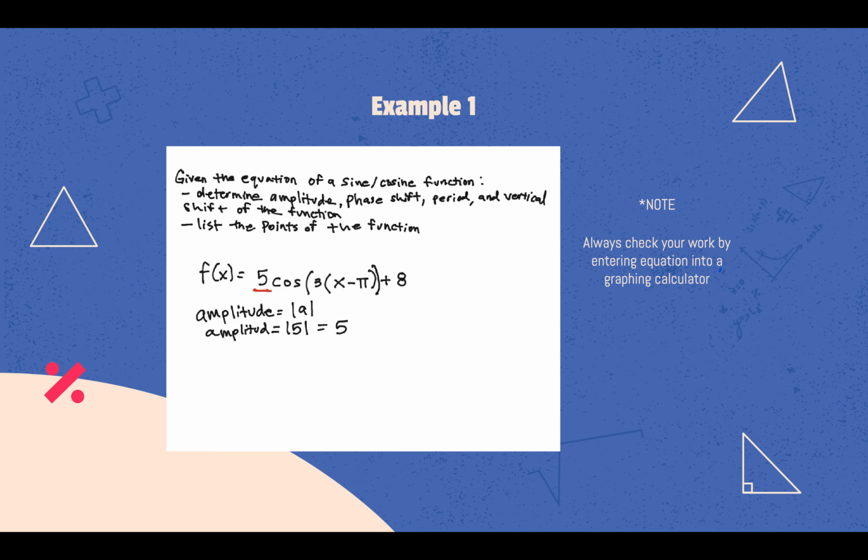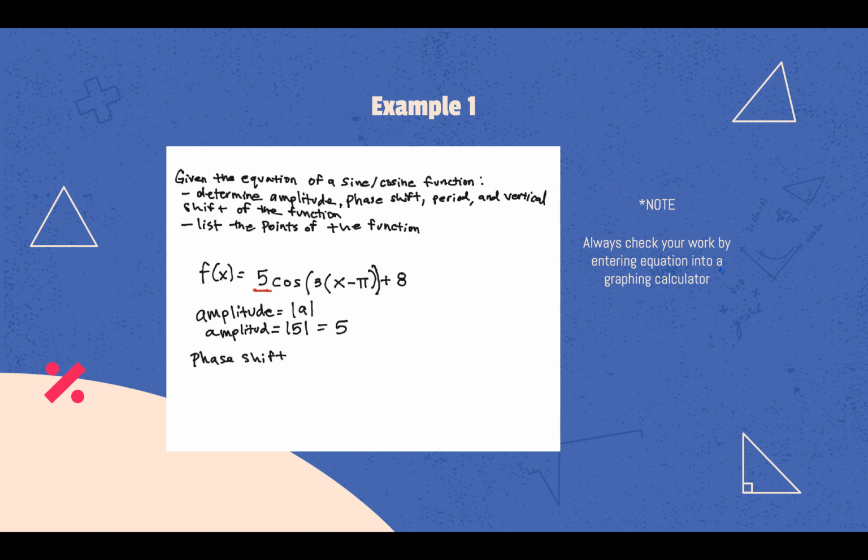Next, we're going to determine the phase shift. So in order to find the phase shift of the function, we know that is represented by our variable b.